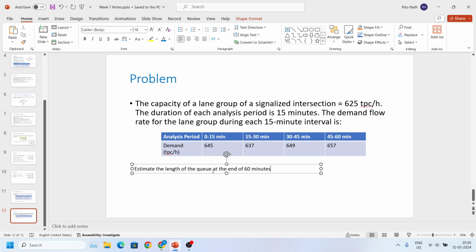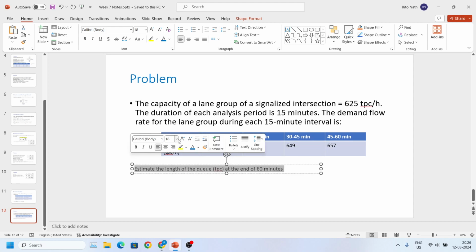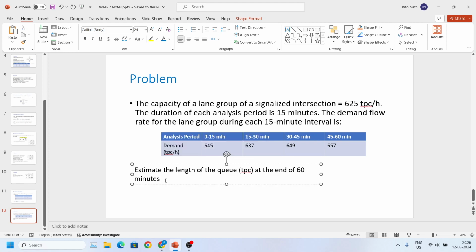So this length of the queue is in terms of PCU, and you have to assume there is no initial queue at the beginning of the first 15-minute interval.